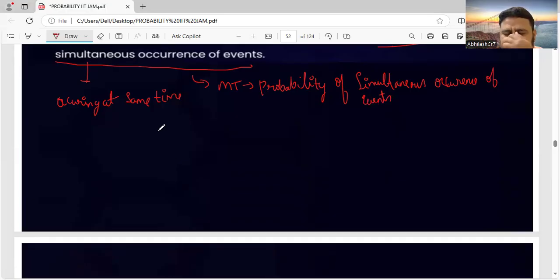So how do we find this probability using the multiplication theorem? Let E and F be any two events.